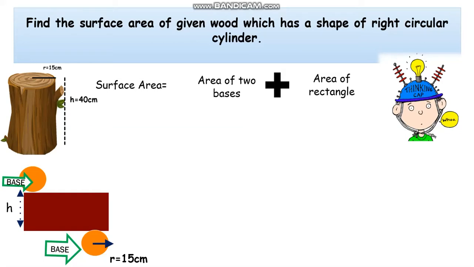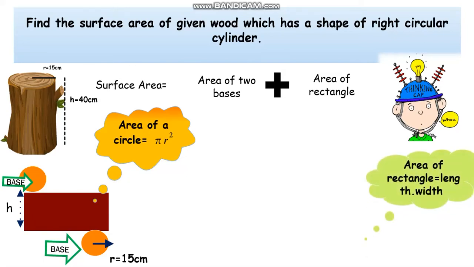We know that the area of a circle equals pi times r squared, and the area of a rectangle can be found like length times width. If we write it like that, the area of two bases will equal 2 times pi times r squared plus the area of the rectangle. Length.